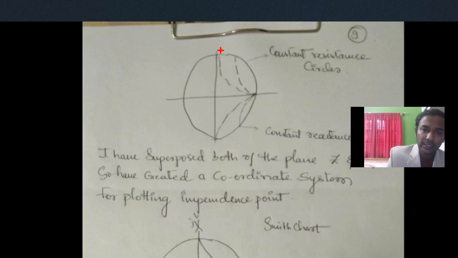We already know the circles I have used here: the unit circle, the constant resistance circle, and the circles formed due to reactance are also drawn here. Only the region inside the unit circle is considered.